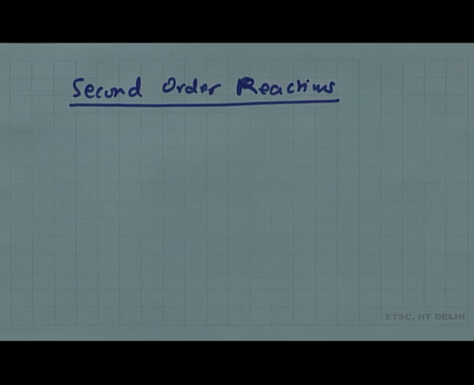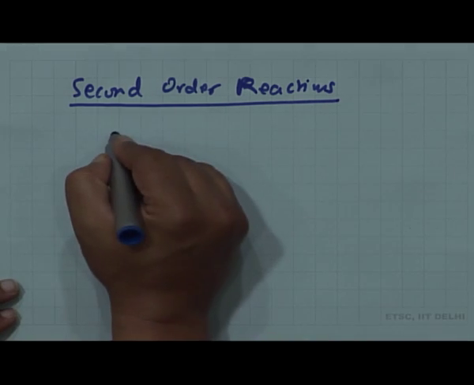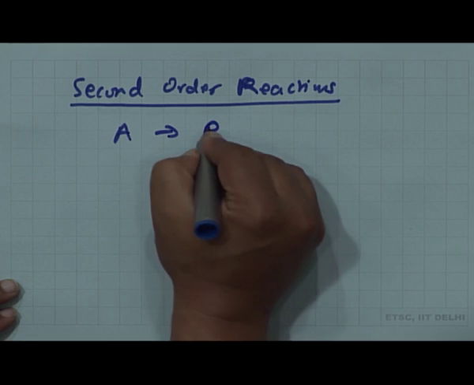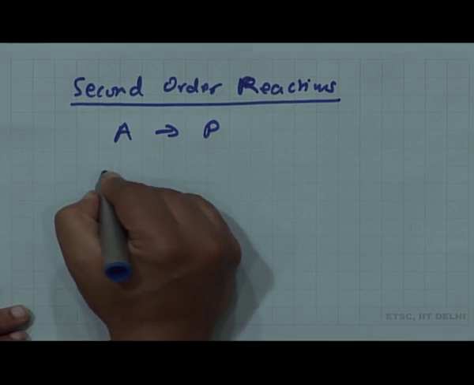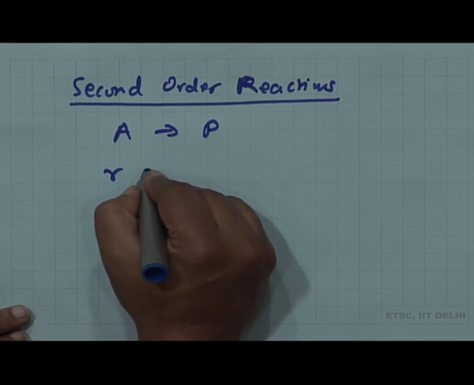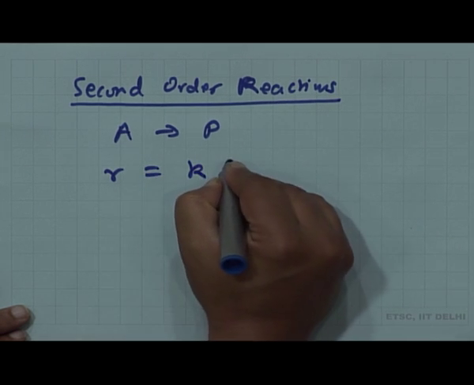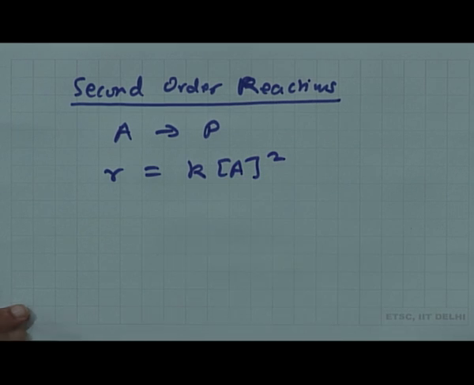So, we will go back to a general reaction, A going to P, right, and here we say that the rate R is equal to k A squared. Once we have this, we go ahead and try to derive the rate equation.